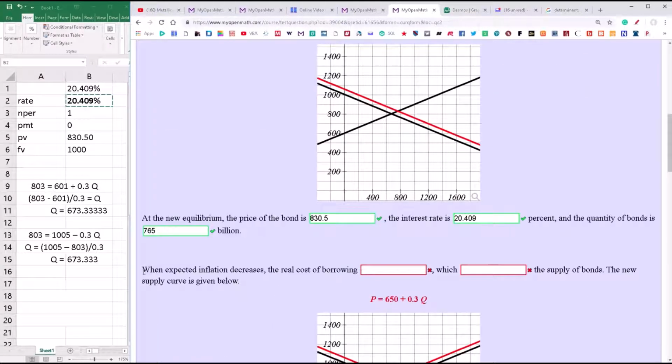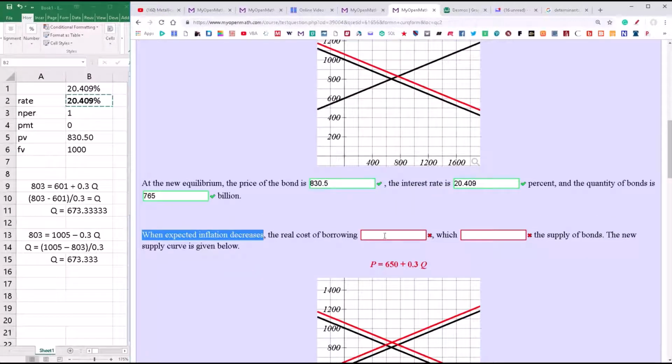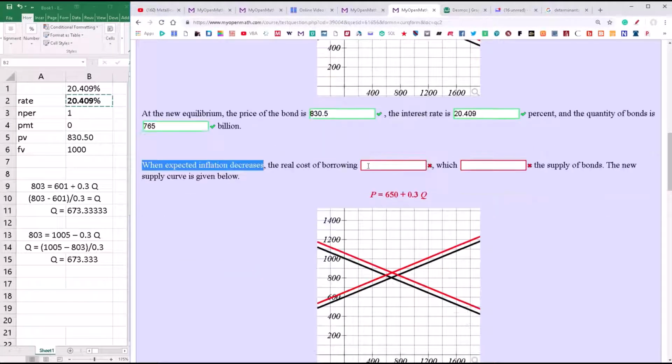Okay. Now, what about the supply side? There's going to be a supply side effect, right, when inflation decreases. Again, the real cost of borrowing increases, right? The real cost of borrowing increases, and that goes back to the Fisher effect. Because now we're looking at the supply side, right? Remember, when we shift a supply curve, we hold the price constant.